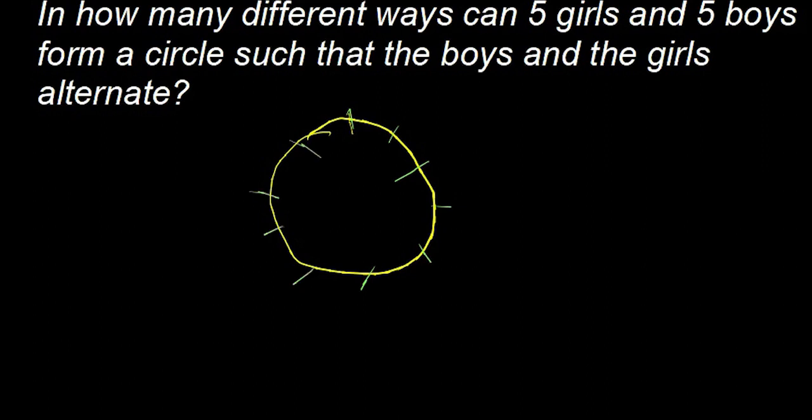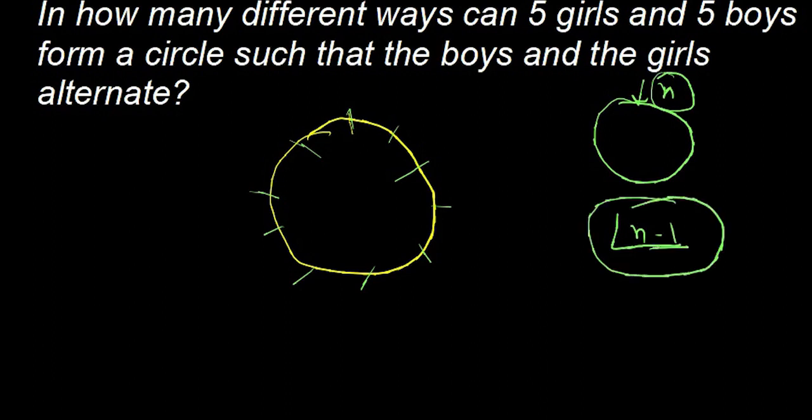Now, whenever there is a circular arrangement, and let's say you want to make sure that n people are sitting there, in how many ways can they sit? So in how many ways they can sit is factorial n minus 1. Why is it n minus 1? Because you need to fix a person.